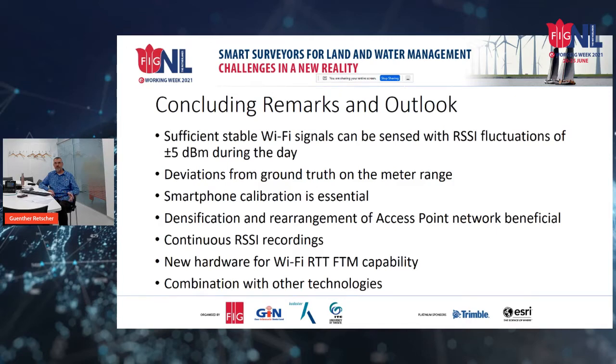We want to densify and rearrange the access point network, not only to get the full coverage, but we want to implement also new hardware for the Wi-Fi access points which are capable to perform range measurements. So this is the Wi-Fi RTT FTM protocol round-trip time measurements, and this should be implemented soon.